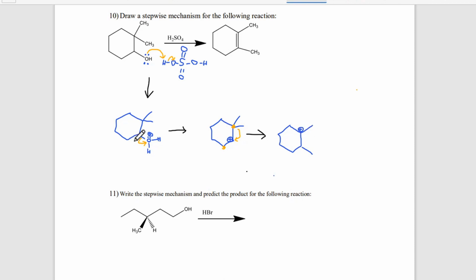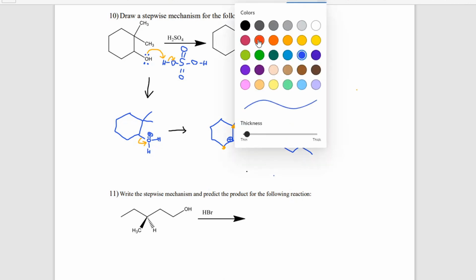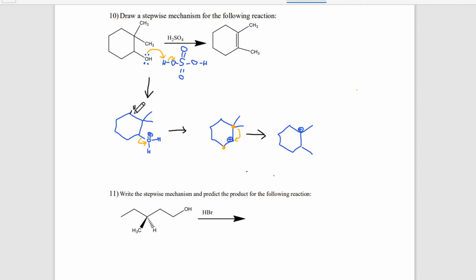Now, just as a point of note, if I was to show all of the bonds to each of these atoms, which I could, I would basically be like, okay, you got a hydrogen here, and then hydrogen here, here, here, here, here, here, and here. So notice I still actually have a hydrogen here.